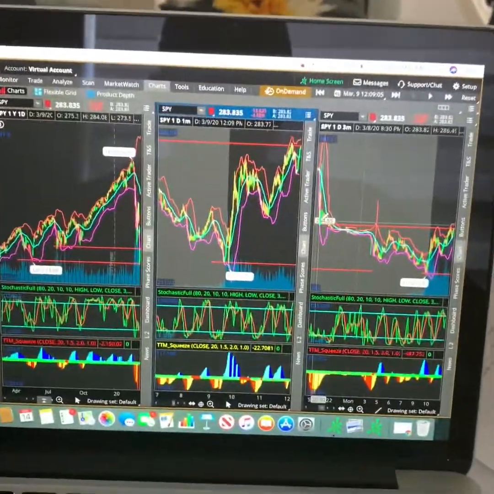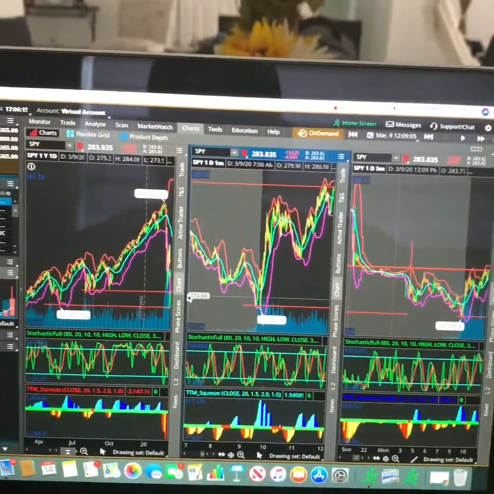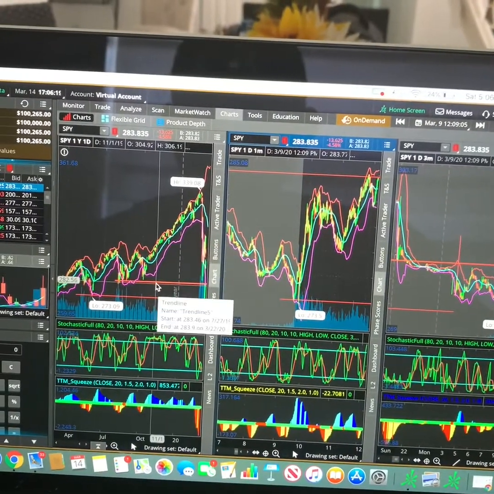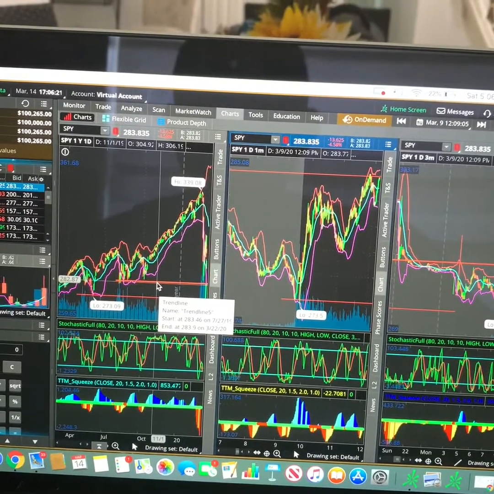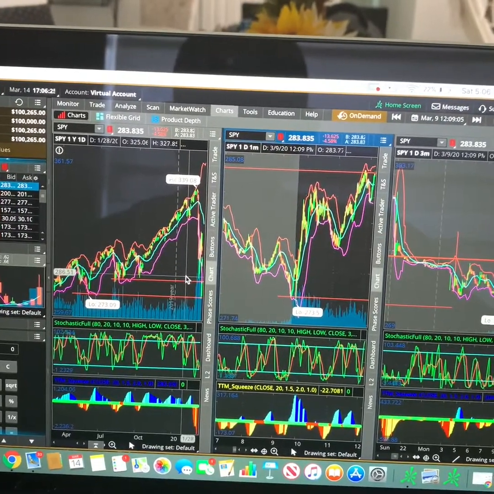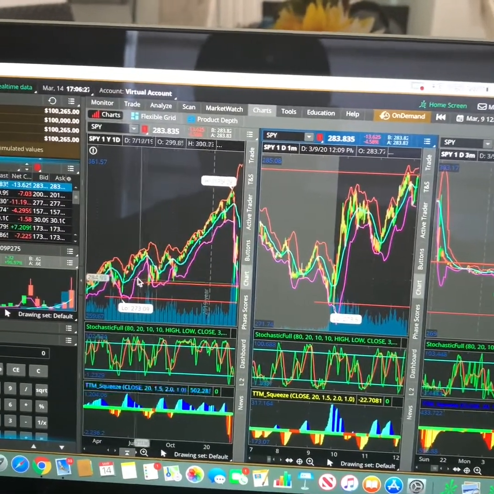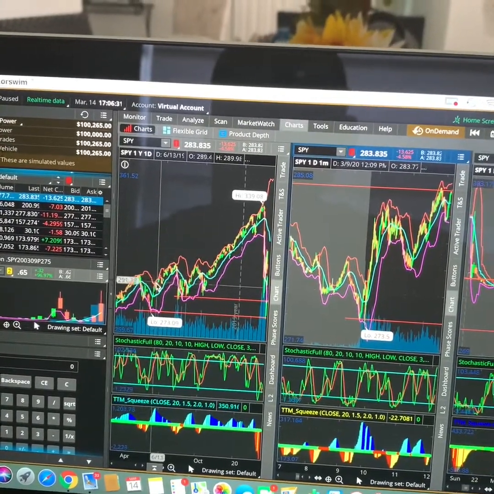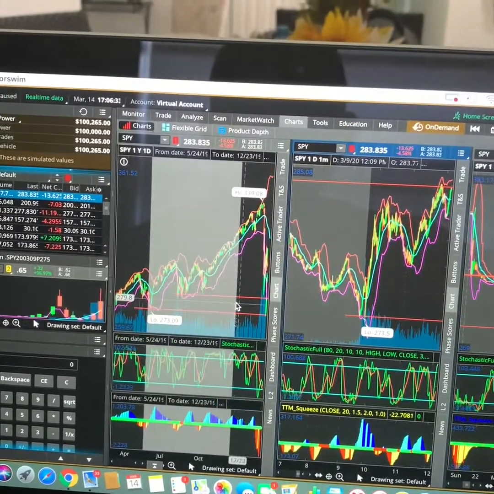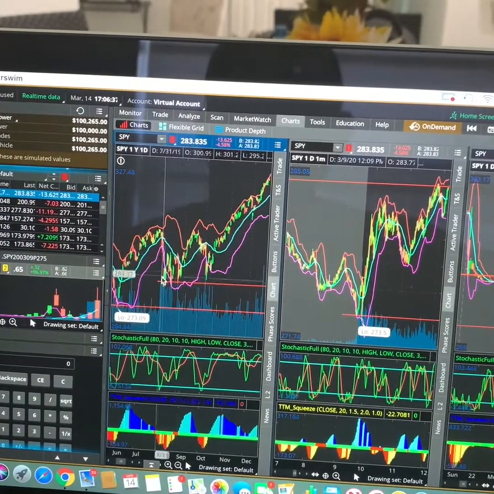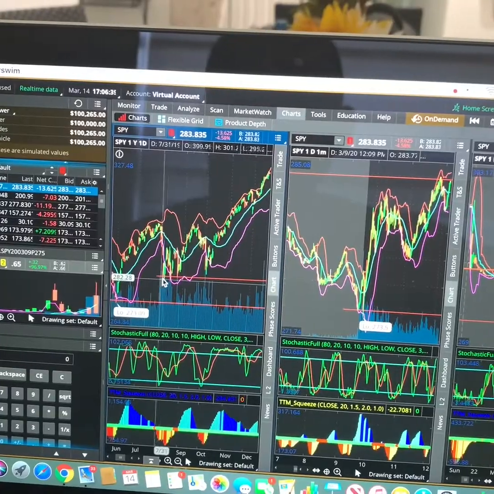First things first, if you notice, I drew two trend lines. This first one I drew the previous day because I noticed SPY was going on a downturn, and I just went back in time. I used the 1 year, 1 day chart to find the last support on those levels, which was here.